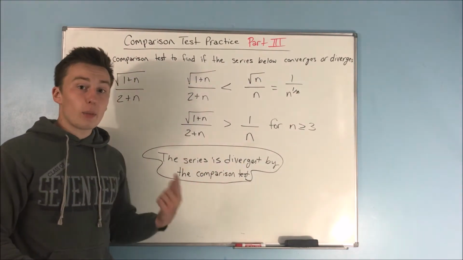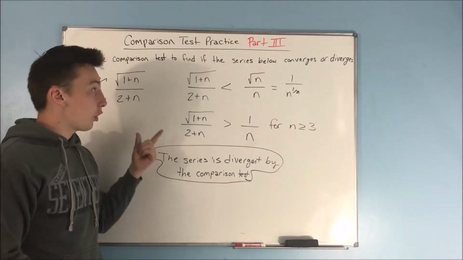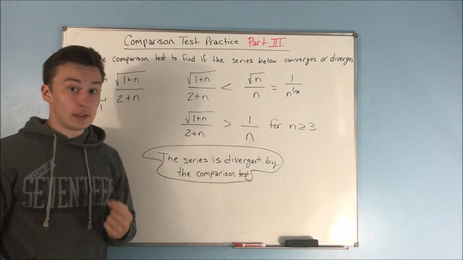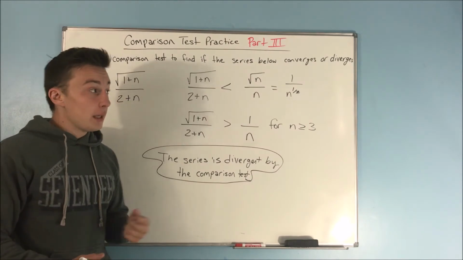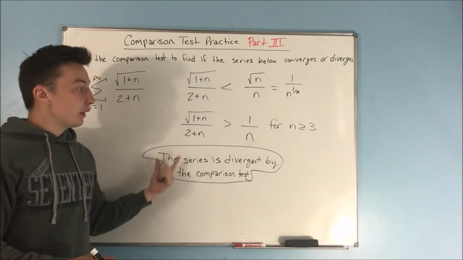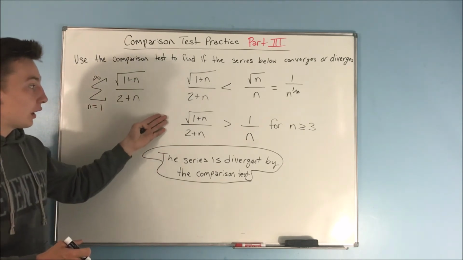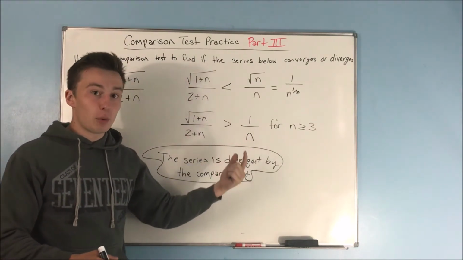One thing I will tell you about this is that it's not something you'll really have to do unless the problem says you need to use the comparison test, because there are other tests you could use rather than making a giant leap of faith that this comparison will work.